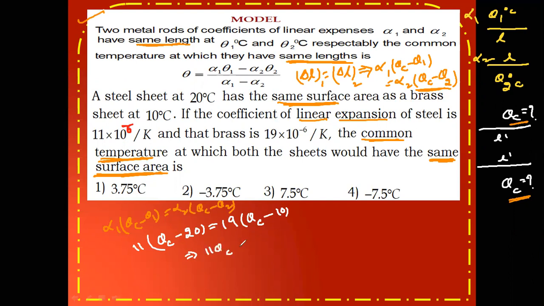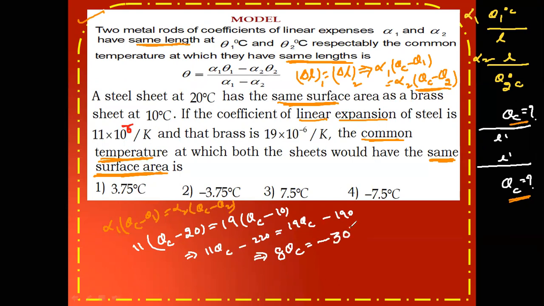11 theta c minus 220 is equal to 19 theta c minus 190. So this implies, take to this side, then it will be 19 minus 11, that is 8 into theta c, that is equal to, I think it is minus 30.